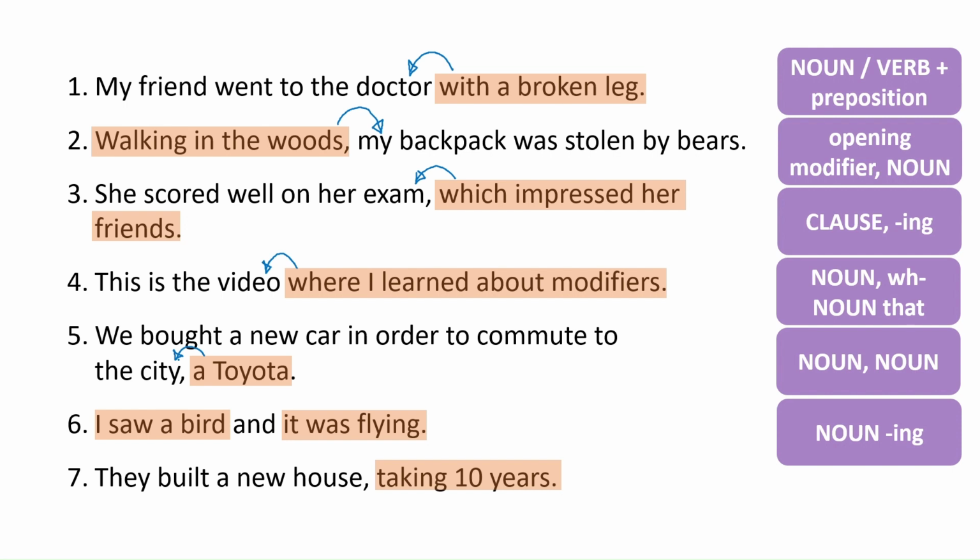So this one could be improved by saying they built a house, comma, a project that took 10 years. Introducing the word project to describe the situation of building a new house. So actually here we've got a noun modifying the clause before it, kind of describing the situation, and then we're adding on another modifier to that noun.